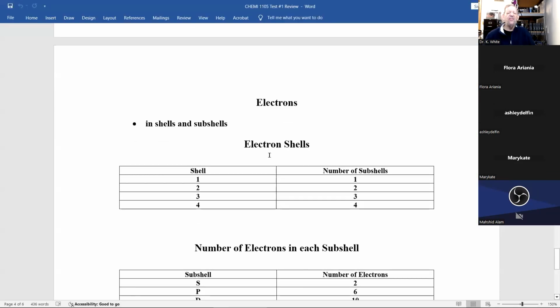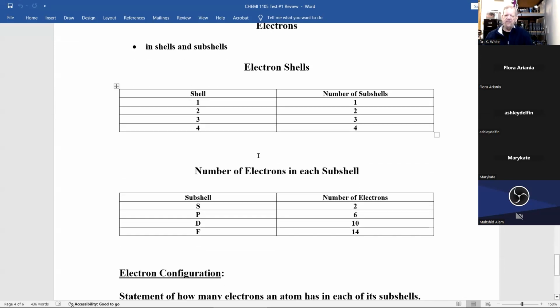All right, next I talked about where the electrons are. Good question. Well, they're in the electron cloud around the nucleus. And the electrons are in shells, and shells are made up of subshells. Now, the electron shells have numbers, shell 1, 2, 3, 4, and so on.